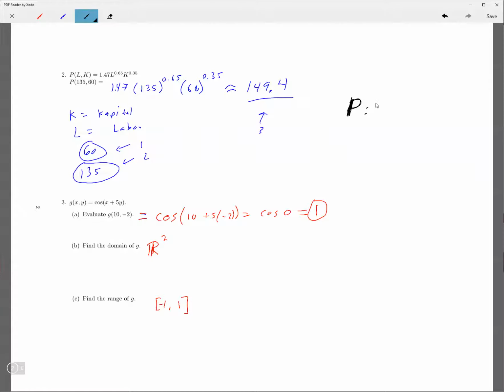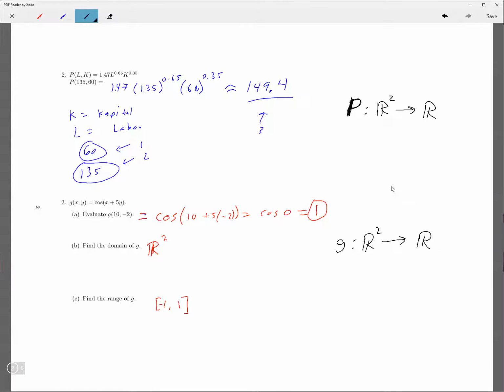Okay, so this one right here takes R2 to R. And here, this G also does that. And that's how I write this, okay? So here there are 2 input variables, which means it's R2. And then they get taken to a single value, which is R.